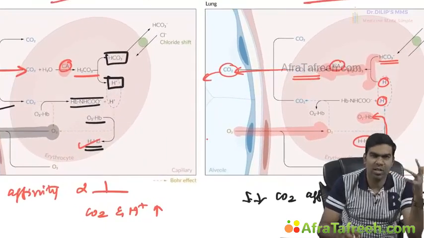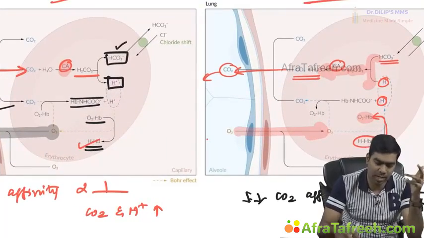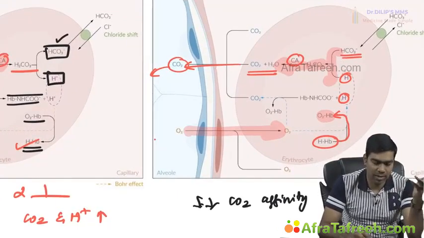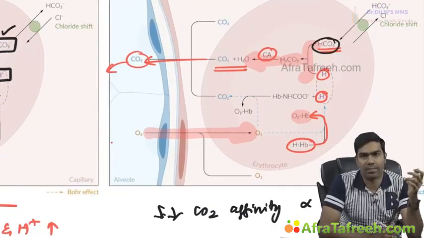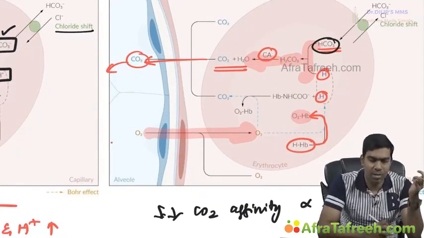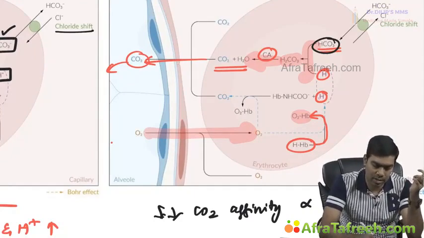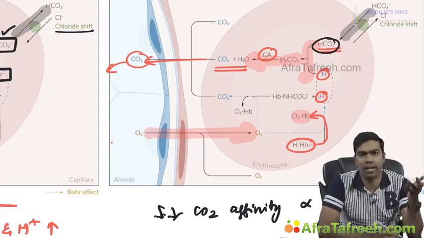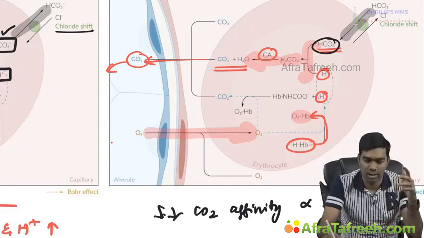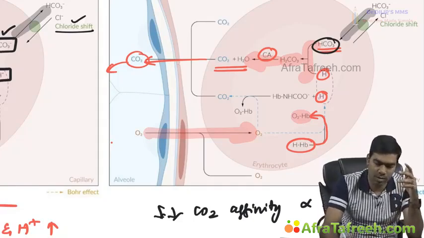And you can see during this process, bicarbonate is either produced, since it is always synthesized from CO2, or utilized in both these conditions. There can be movement of bicarbonate either outside the cell or inside the cell, depending on whether it's Bohr or Haldane effect, or whether it's a peripheral tissue or the lung. This is what we refer to as the chloride shift.